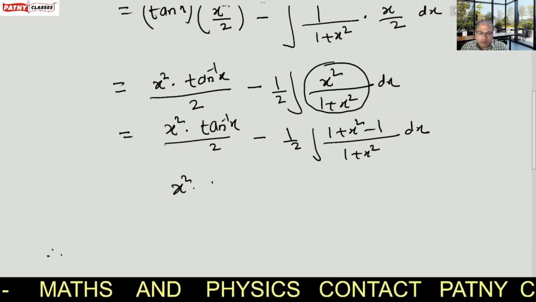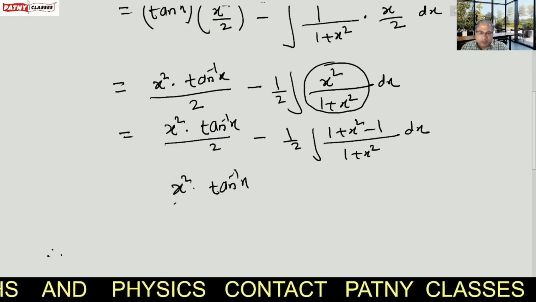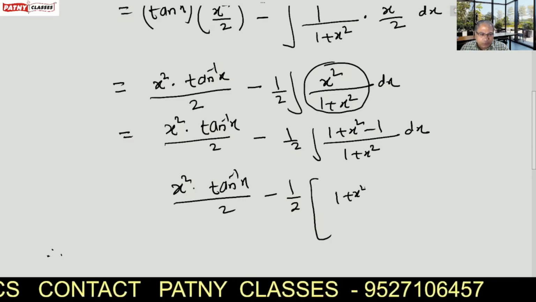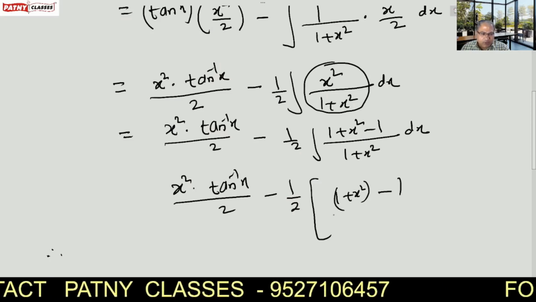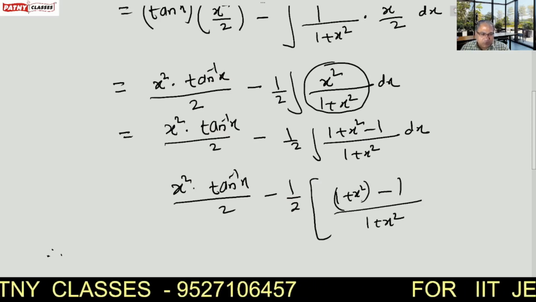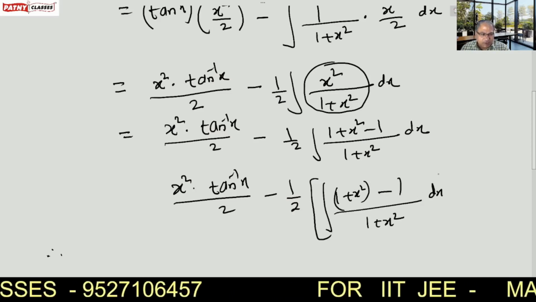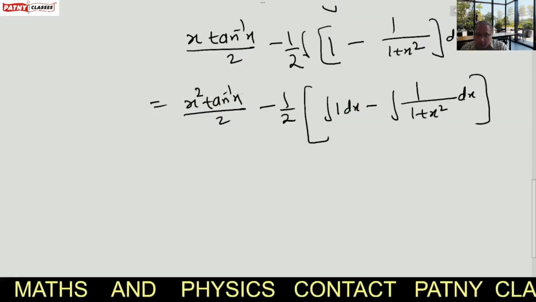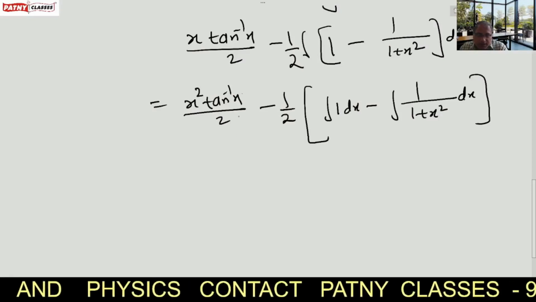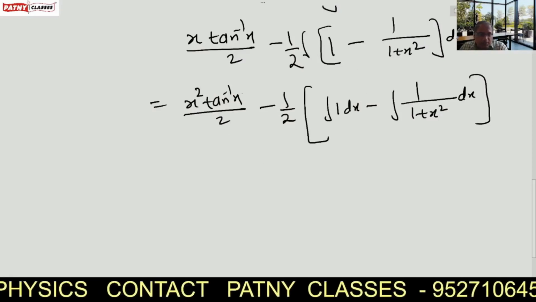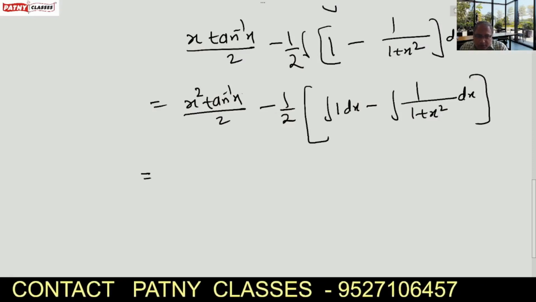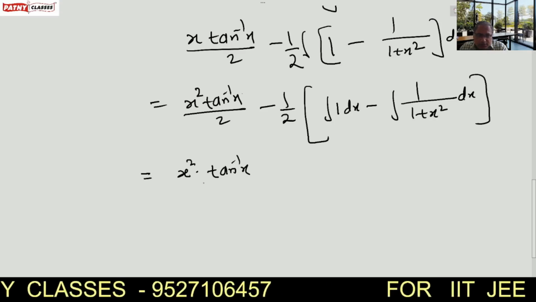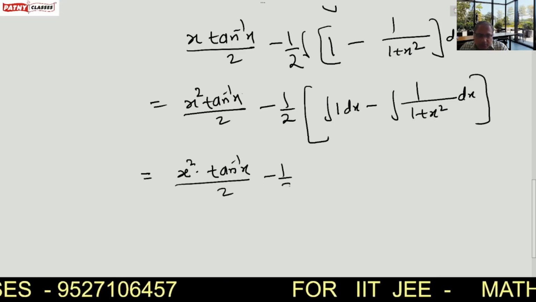X square tan inverse x upon 2 minus 1 by 2. We can make two groups. 1 plus x square is one group, minus 1 upon 1 plus x square. Of course, here is the integration. After that, next step, x square tan inverse x upon 2 minus, the integration will go to each and every part. We get here x square tan inverse x upon 2 minus 1 by 2.